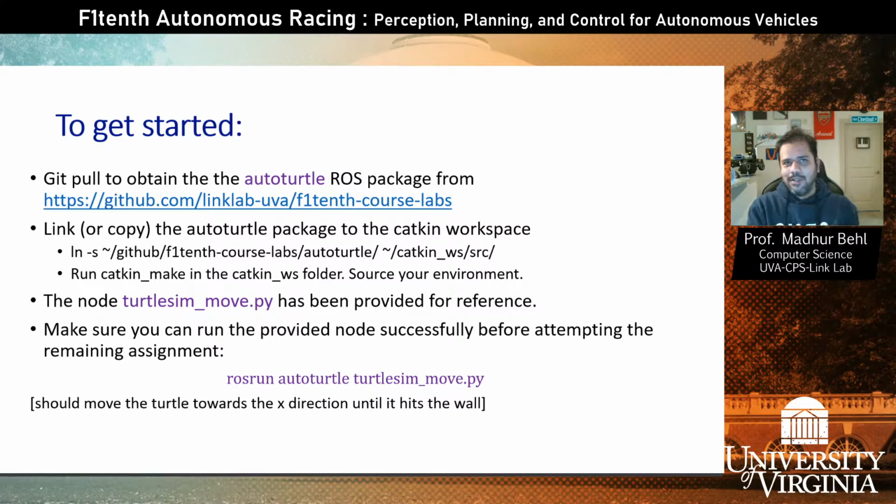Just like we copied the beginner tutorials from GitHub to our Catkin workspace and then used that for all our lab sessions, you have to do something similar. You can either copy the AutoTurtle package from your local Git repo into the source subdirectory of your Catkin workspace, or there's another option where you can symbolically link the AutoTurtle package from your Git repo to the subdirectory in your Catkin workspace, and the command for that is shown here.